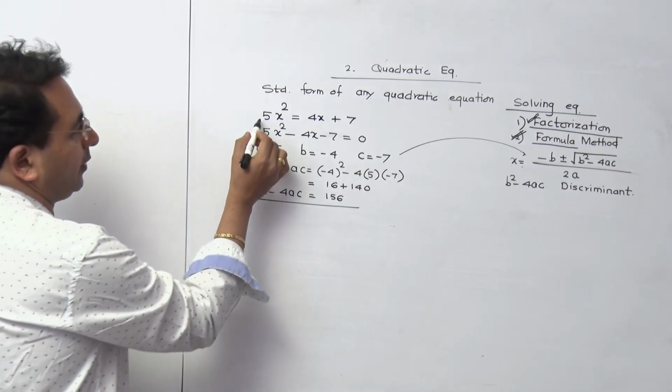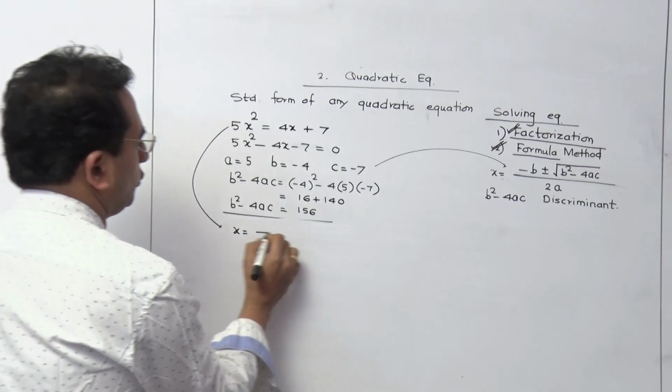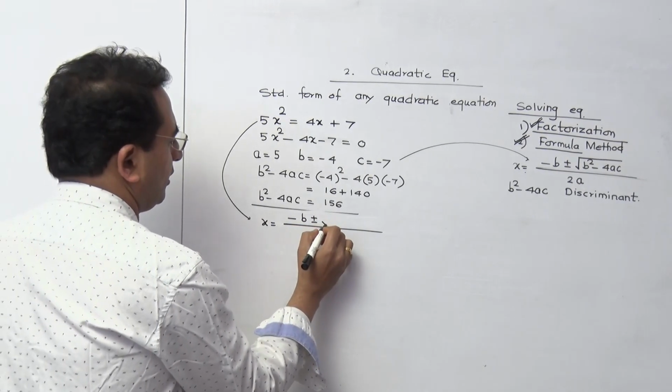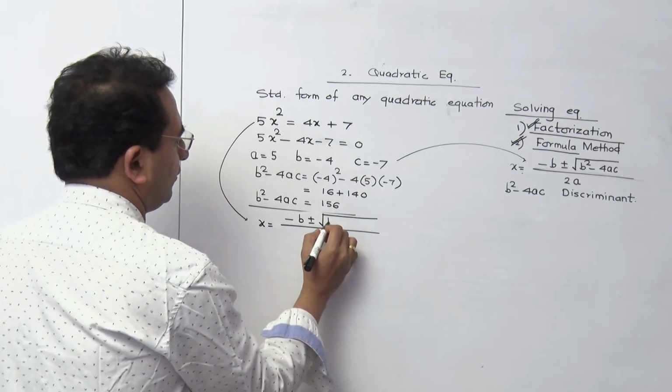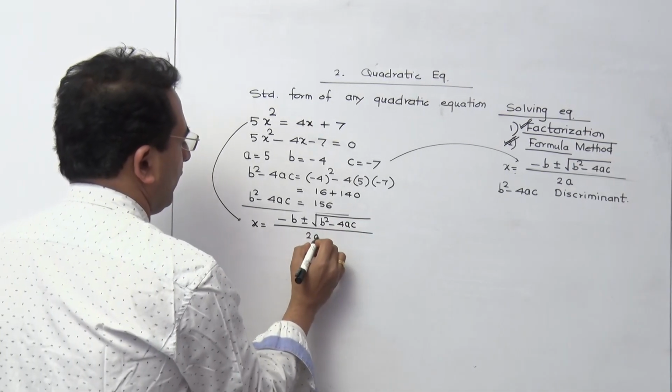Now we'll write the formula. x is equal to minus b plus or minus square root of b square minus 4ac upon 2a.